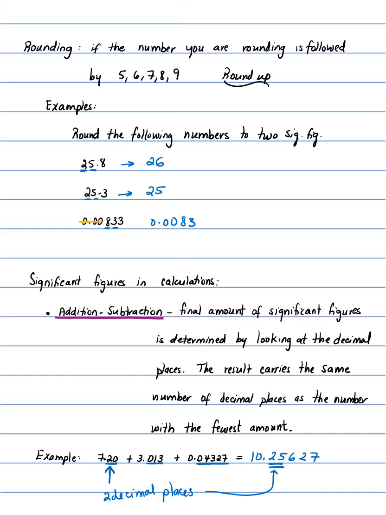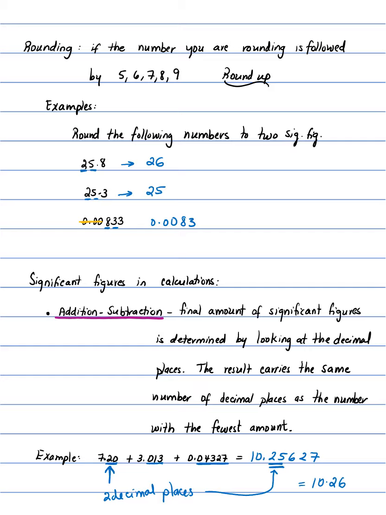So if you're keeping 2 decimal places in your last answer, you have 0.25. That 5 is the last digit that you want to keep, and it's followed by a 6. So you have to round that 5 up because it's followed by a 6, a digit that is higher than 5.